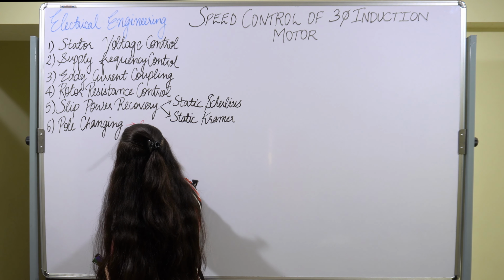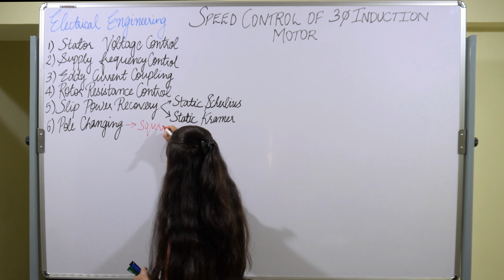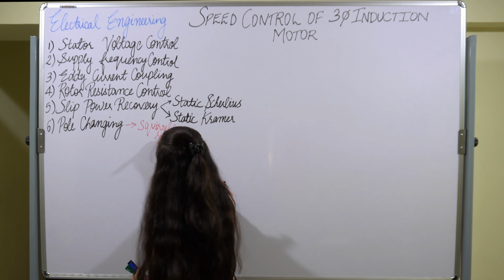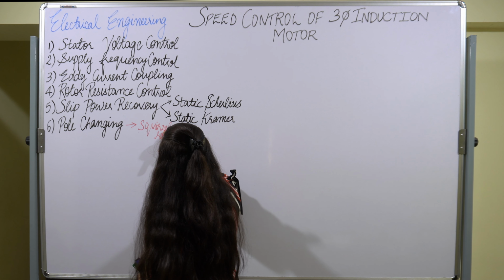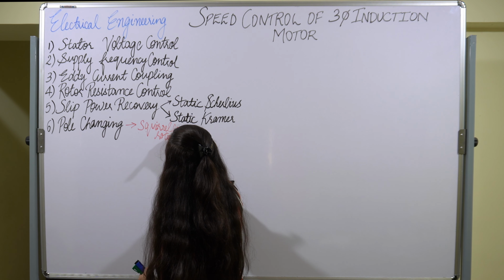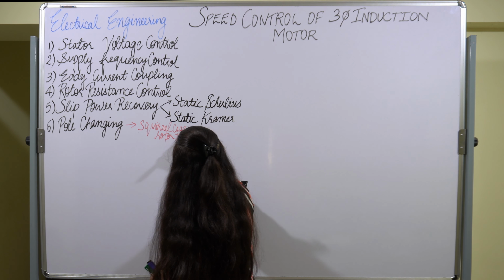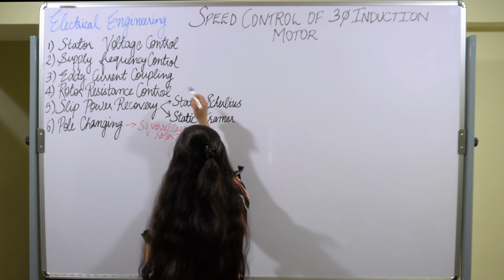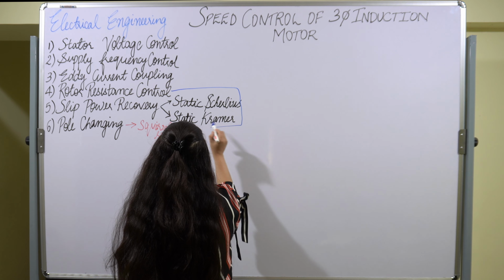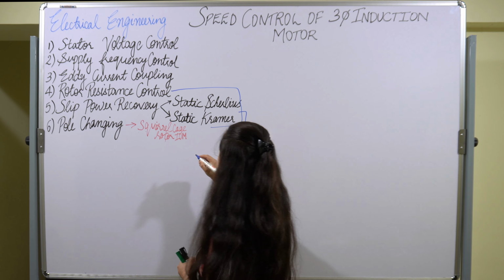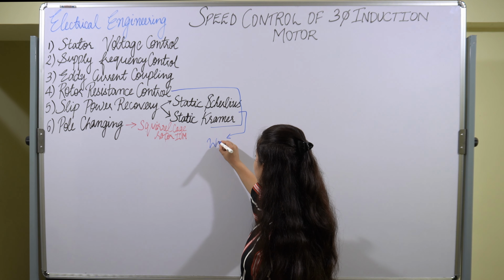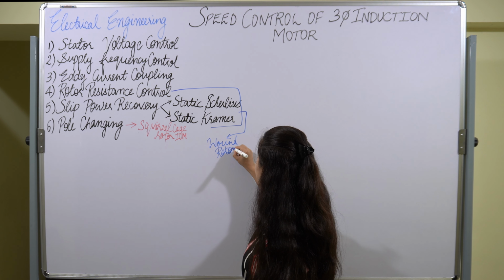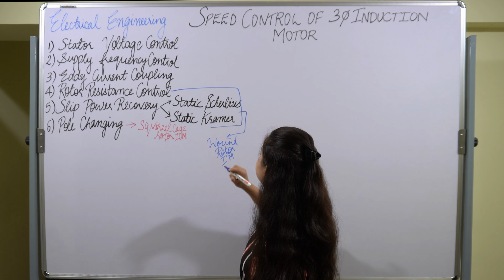Pole changing will be used for the squirrel cage rotor only, and these two will be used only for the wound rotor induction motor.